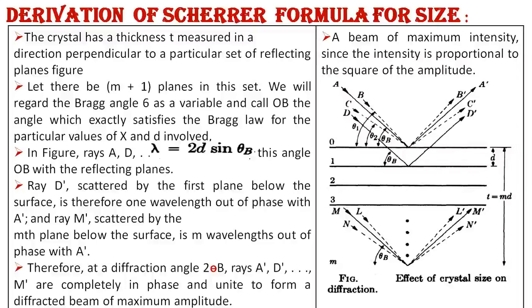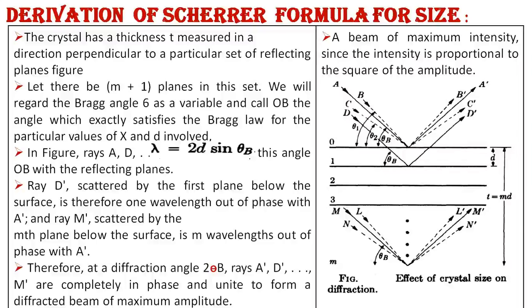The ray D' scattered by the first plane below the surface is therefore one wavelength out of phase with A', and ray M' scattered by the m-th plane below the surface is m wavelengths out of phase with A'.